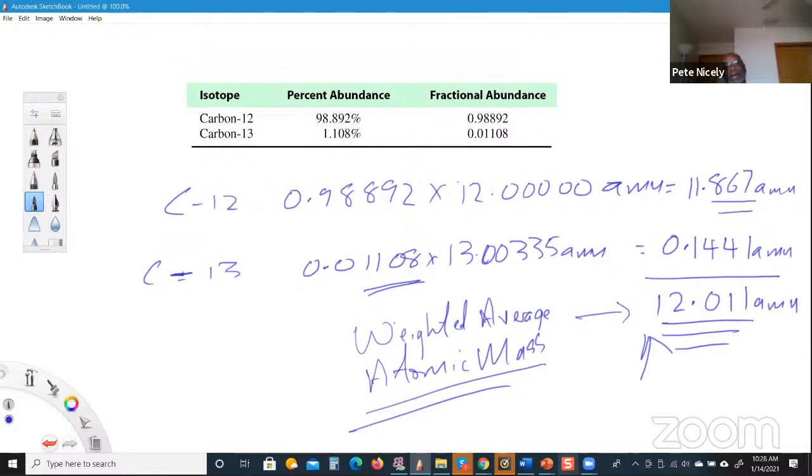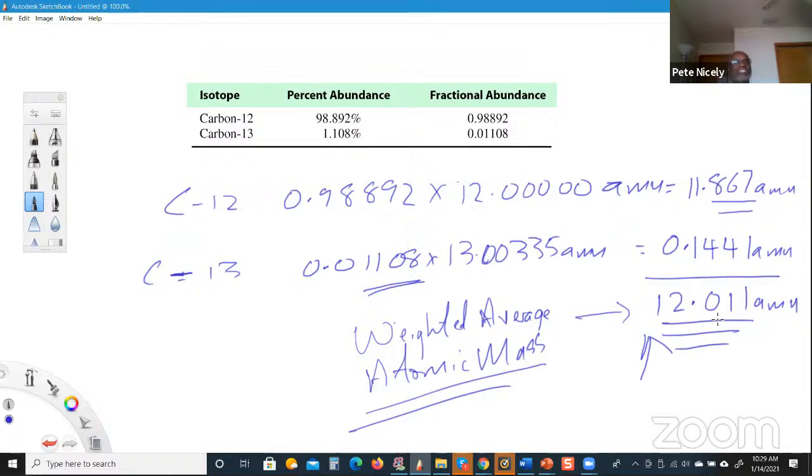The weighted average atomic mass is simply the calculation that we did here, where you take the atomic mass of each isotope multiplied by its corresponding fractional abundance, and then you add all of those values up, and that will give you the weighted average atomic mass. And this represents the average weight of the atom of that particular element, taking into account the percent abundance, all right?